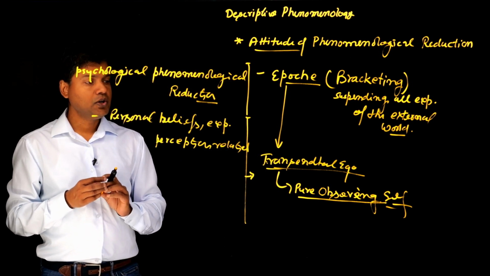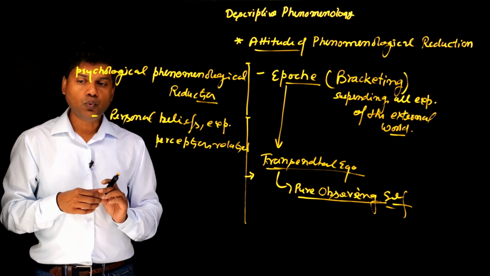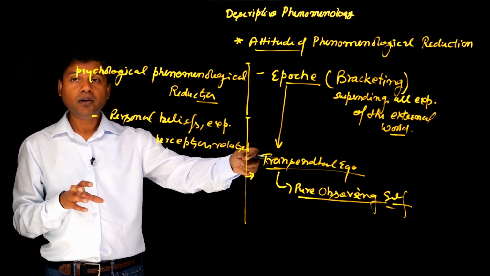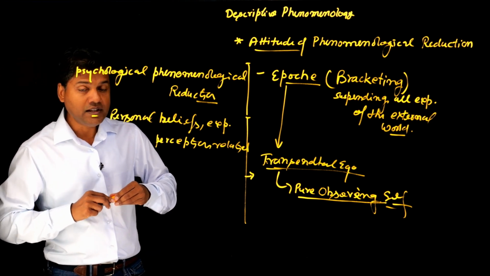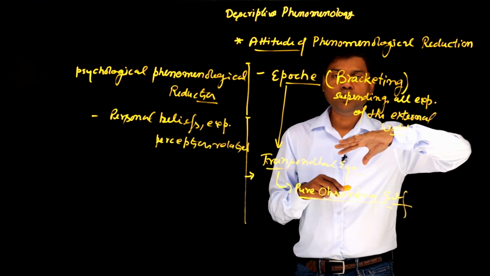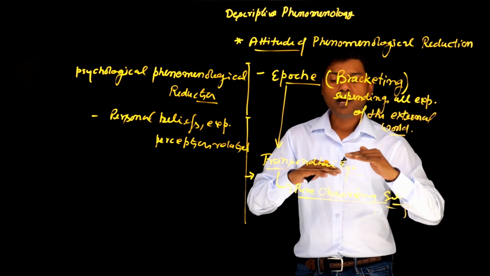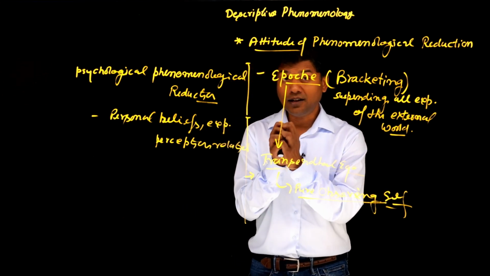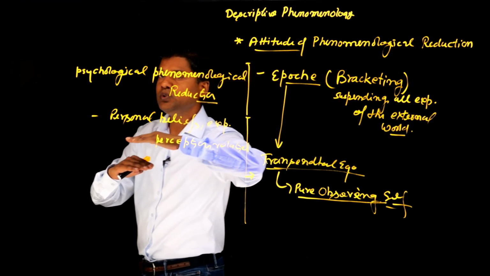There are some methodologies which are known as Transcendental Phenomenology. When you hear the word Transcendental Phenomenology, the idea comes from here, Husserl's idea of the transcendental ego, which means that you as a researcher, as an explorer, suspend and bracket your views, beliefs, and experience of the external world, and have this pure observing self, which has transcended your day-to-day self, your day-to-day ego.